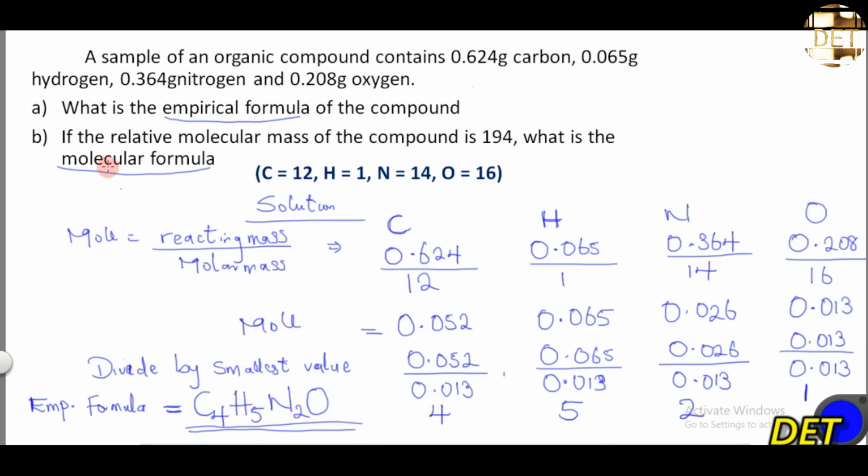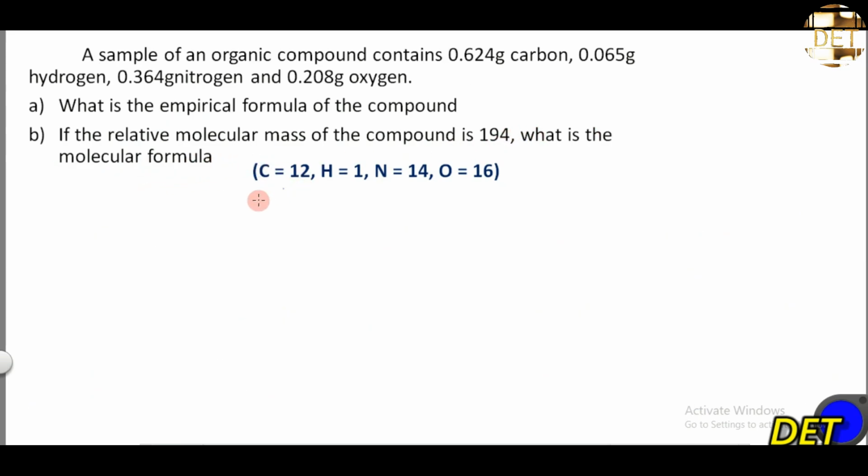So the next question that we have there is, if the relative molecular mass of the compound is 194, what is the molecular formula? How do we look for the molecular formula of this compound?